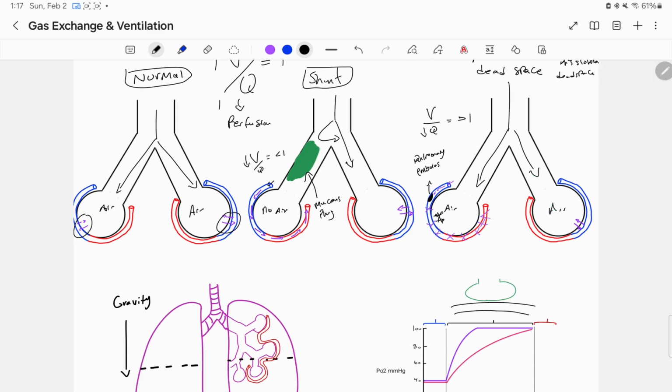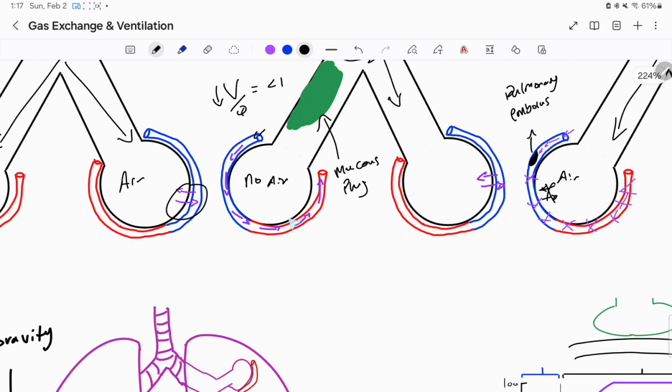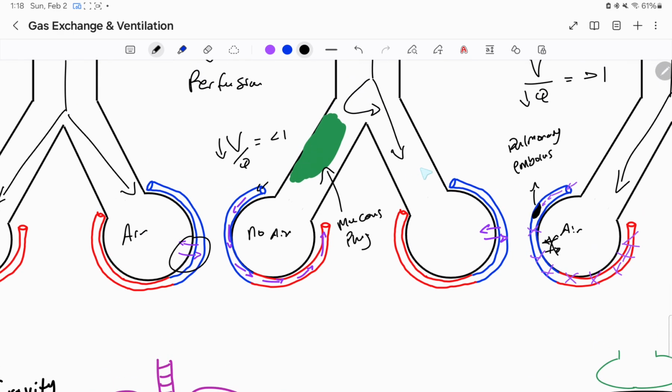Now, something that you have to take into account is, with this shunt, if I'm not exchanging oxygen, right? Because here's what's happening. Oxygen's coming in, okay? And you have the partial pressure of alveolar oxygen here, and that's going to exchange with the venous oxygen, which was actually around here, to maintain the arteriolar partial pressure of oxygen, right?